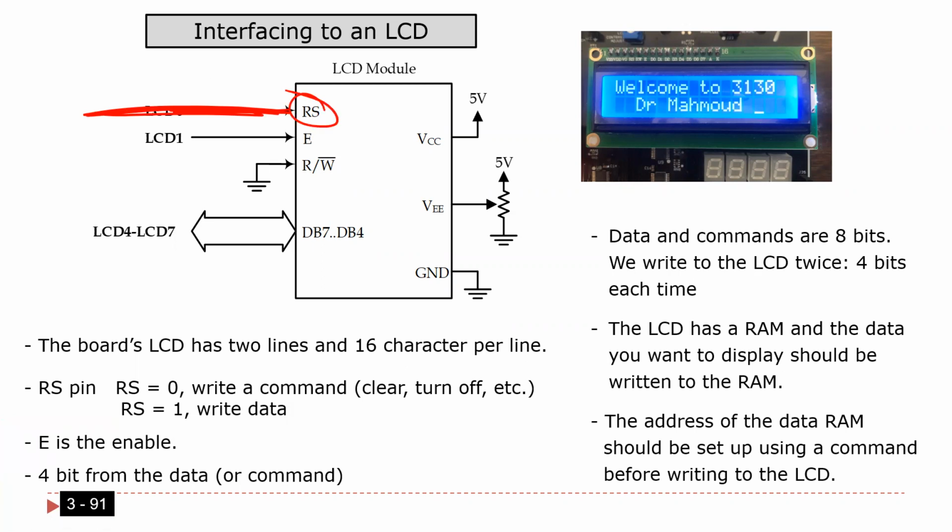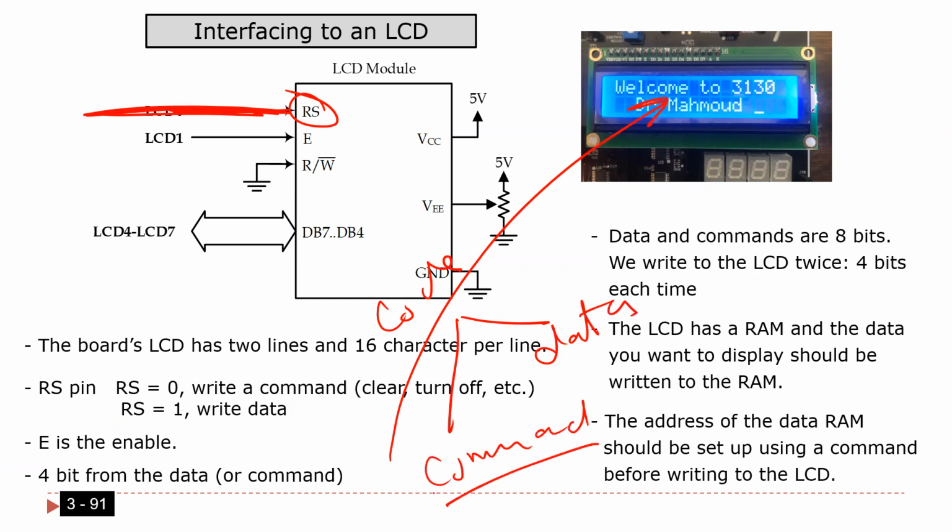So what does RS mean? I'm going to tell you what it means. Look here, guys, the idea is that for the LCD, you need to send a code, right? This code can be a code for data or it can be a code for a command. The code is actually 8 bits, always 8 bits.